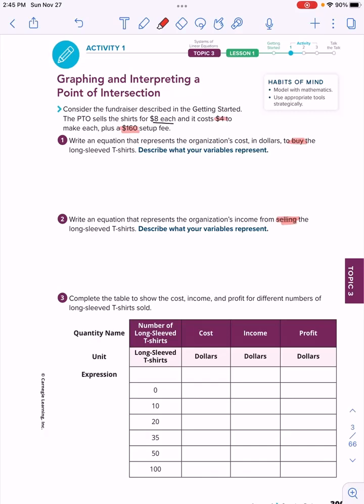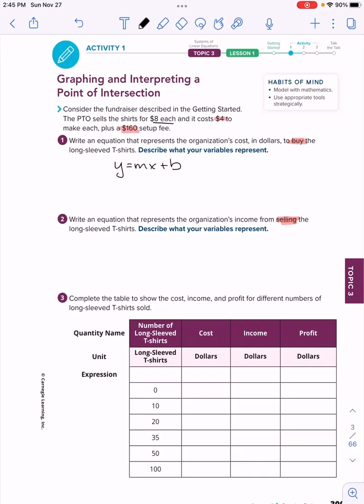Number one says write an equation that represents the organization's cost in dollars to buy the long sleeve t-shirts. Normally when we write an equation, we have to figure out what form we're writing it in. This will be slope-intercept form, y equals mx plus b.